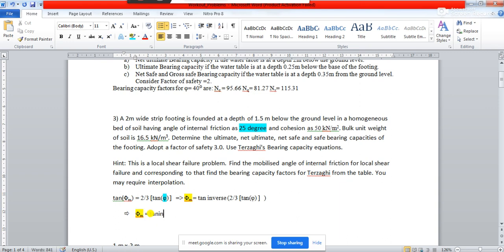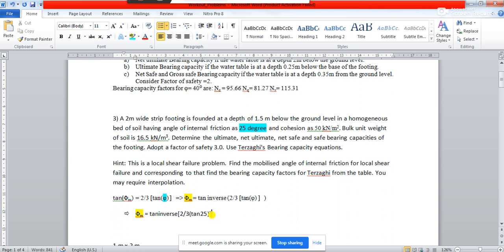Tan inverse, then what we will do, 2 by 3 of tan of 25. If you do this and find out the value, then you will get the value of phi m.